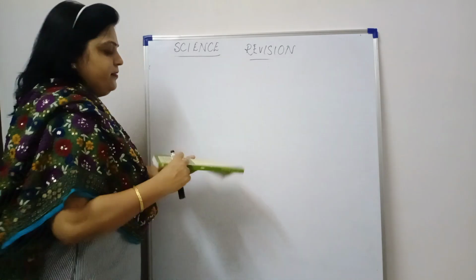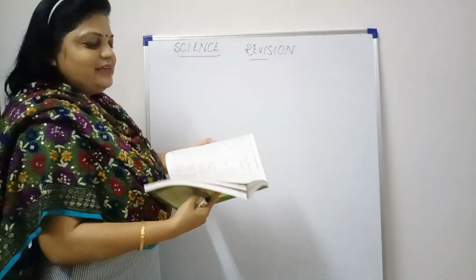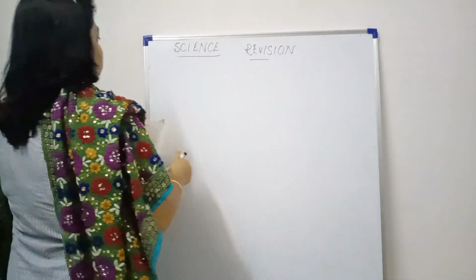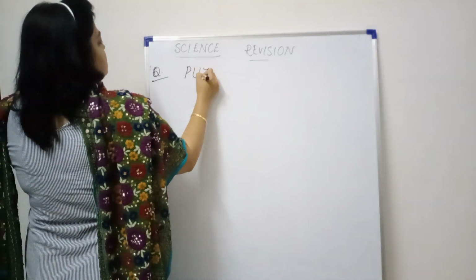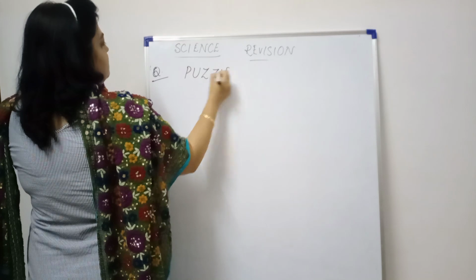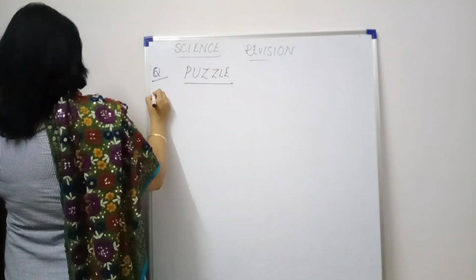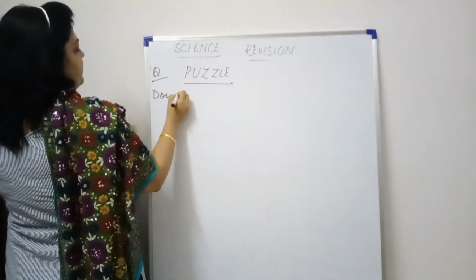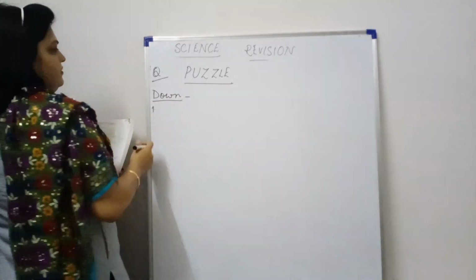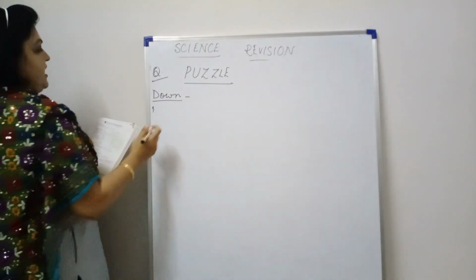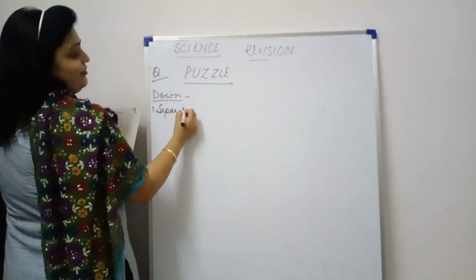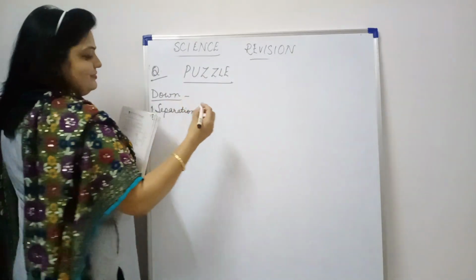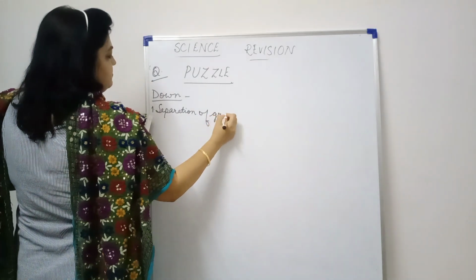So, the crossword puzzle goes like this. Question is puzzle. Okay. Number 1. These are for down. Number 1. It is separation of grains from the harvested crop. Please note down the question because I will rub the board soon.